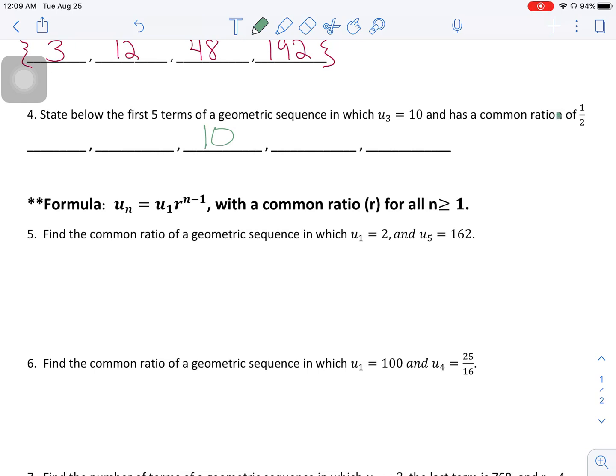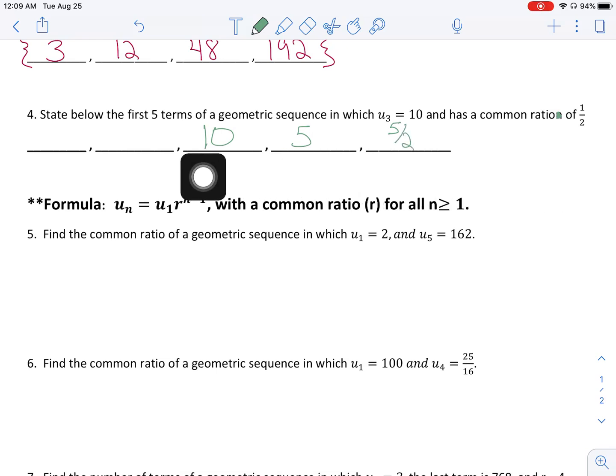Sorry about that. A common ratio of 1/2. So to continue the sequence moving forward, we're going to take 10 and multiply times 1/2. So that would be 5. And then I'm going to take 5 times 1/2, which would be either 2.5, or I have a habit of just writing things as fractions, so 5 over 2.